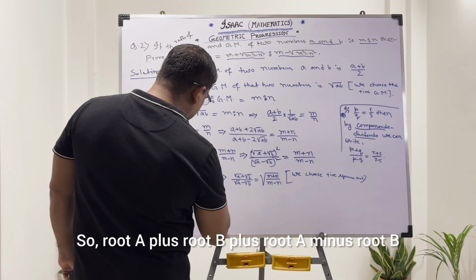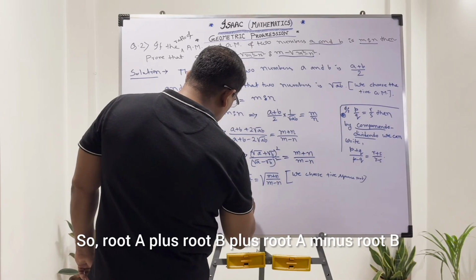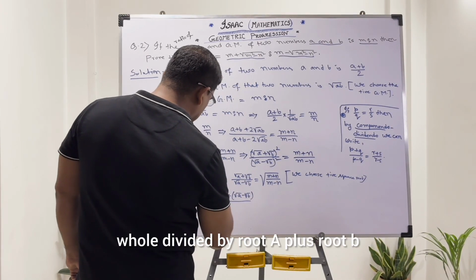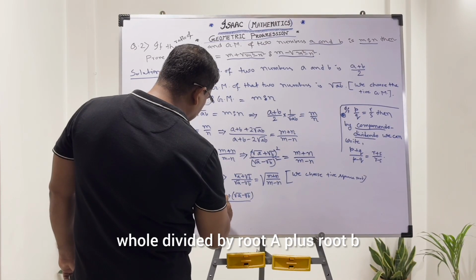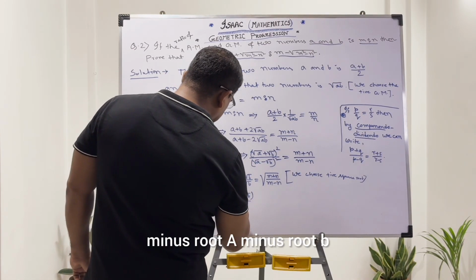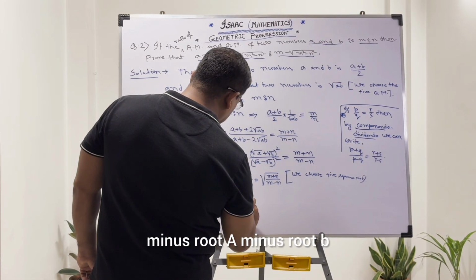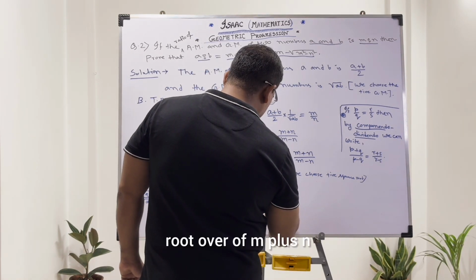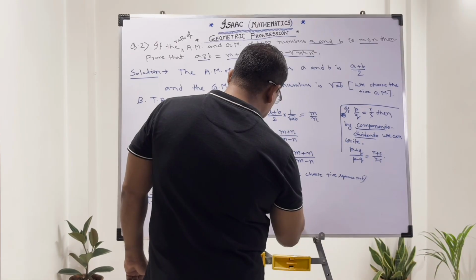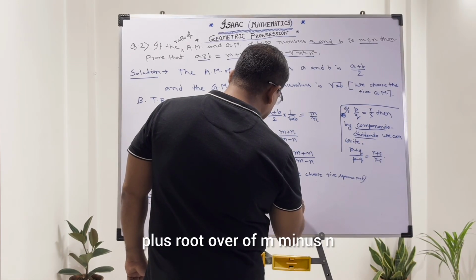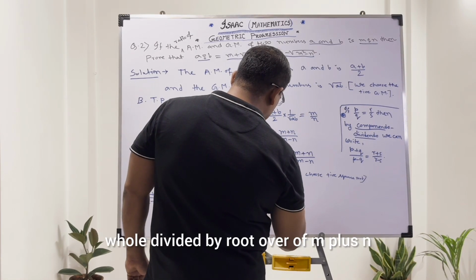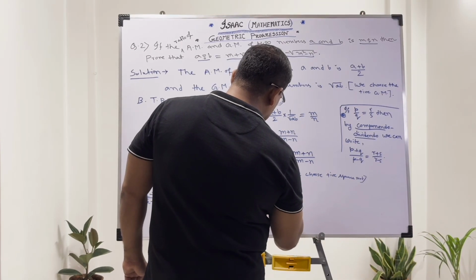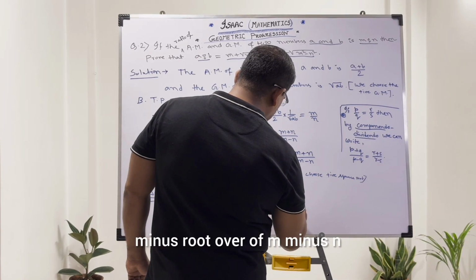So (root a plus root b plus root a minus root b) whole divided by (root a plus root b minus root a minus root b) equals (root of (m plus n) plus root of (m minus n)) whole divided by (root of (m plus n) minus root of (m minus n)).